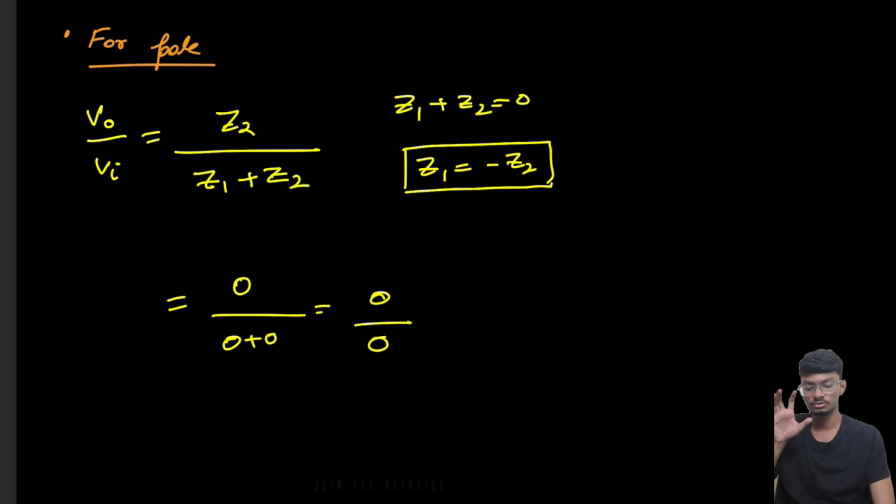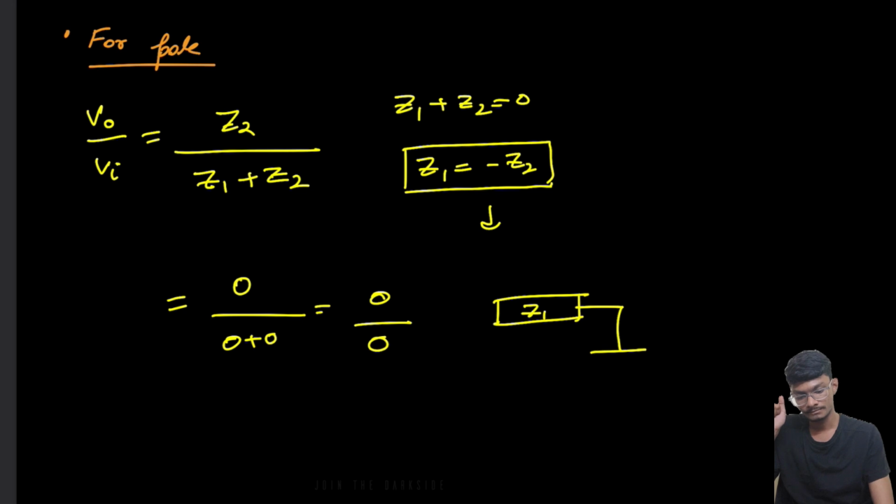So what this also tells us is that there has to be infinite impedance, right? Remember, first thing, if this is Z1 and this is minus Z1, and let's assume we are shorting the input, deactivating the input, and this is 0, this is VO, right?